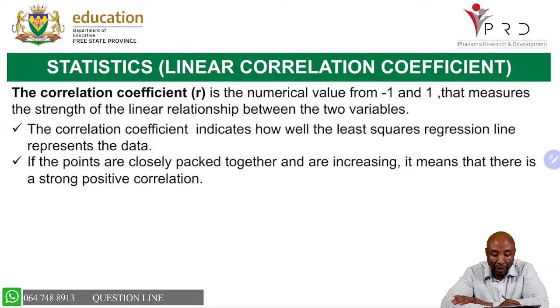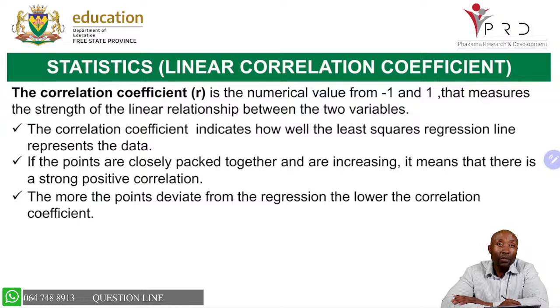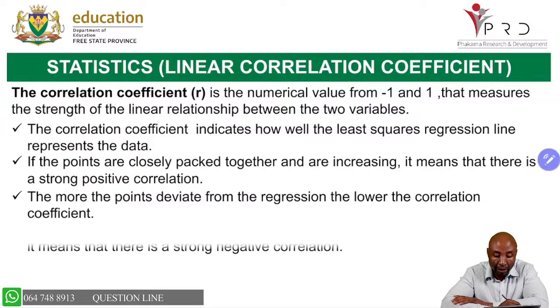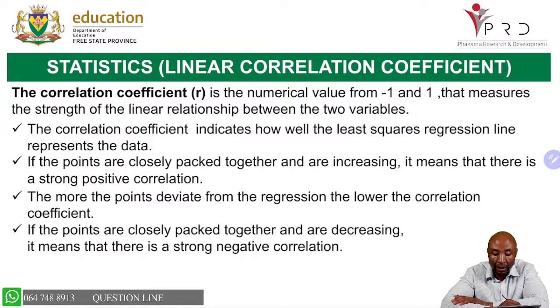So it goes with the sign of whatever we get as the value of the correlation coefficient. Now, if the points are close together and they're increasing, it means there's a strong positive correlation. If the points deviate from the regression line, there will be a lower correlation coefficient. The correlation, we say it's weak.